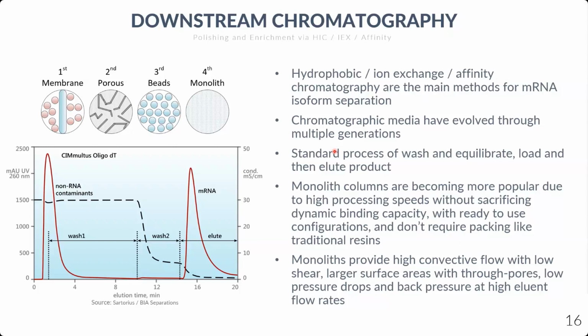As it provides those convective channels, it also provides larger surface areas for more product to be bound. And so there's a slight increase in binding capacity with lower pressure drops, lower back pressure at higher flow rates. So the technology is changing, but I would say this is not the most high throughput operation, even with fourth gen monolith supports.